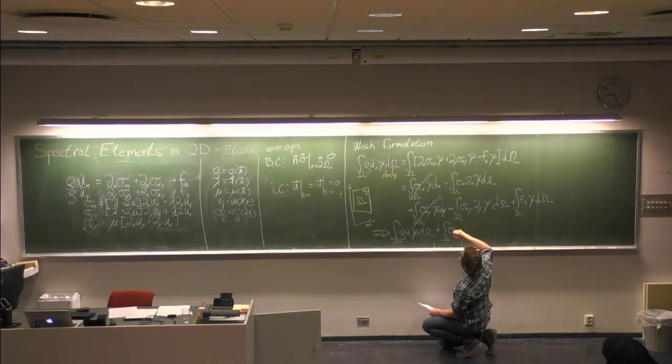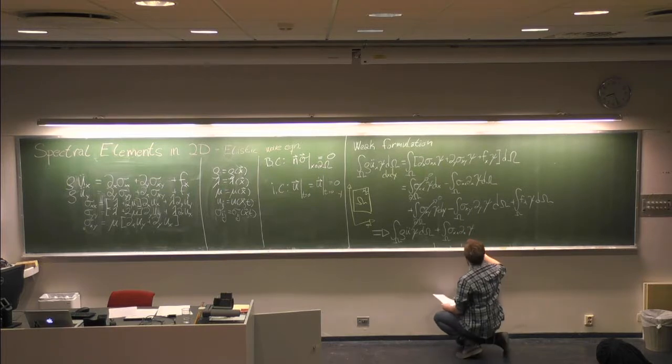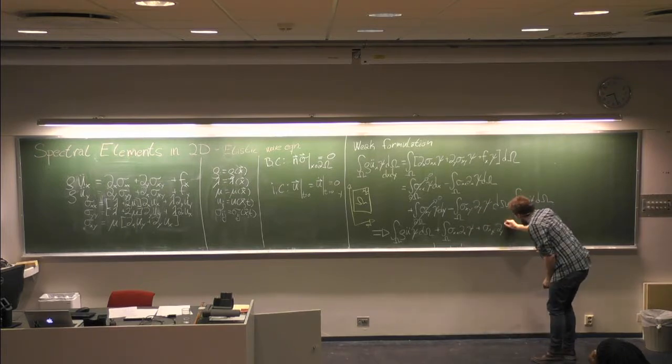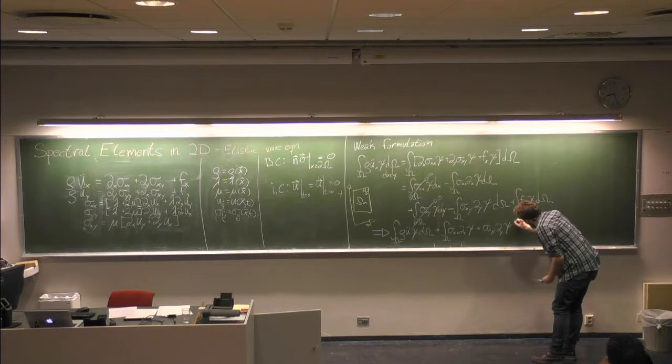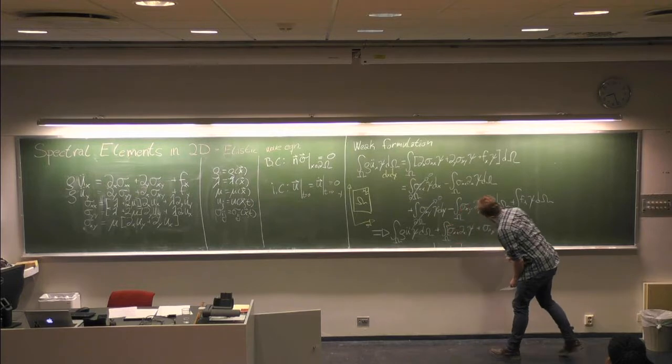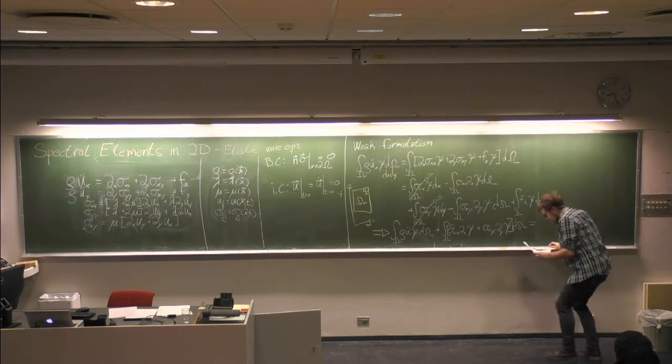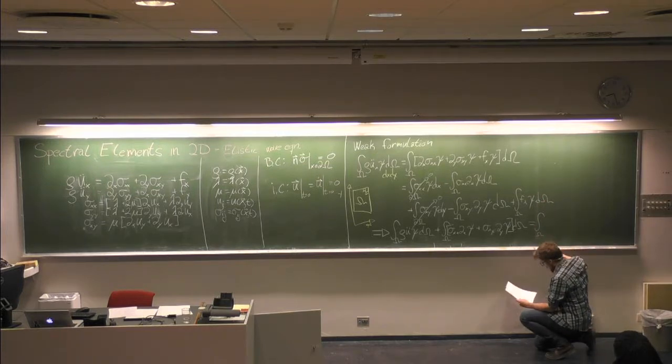So that's sigma xx dx psi plus sigma xy dy psi, and we need a parenthesis for this, and this should be equal to the force term we have over here, psi d sigma, like so.